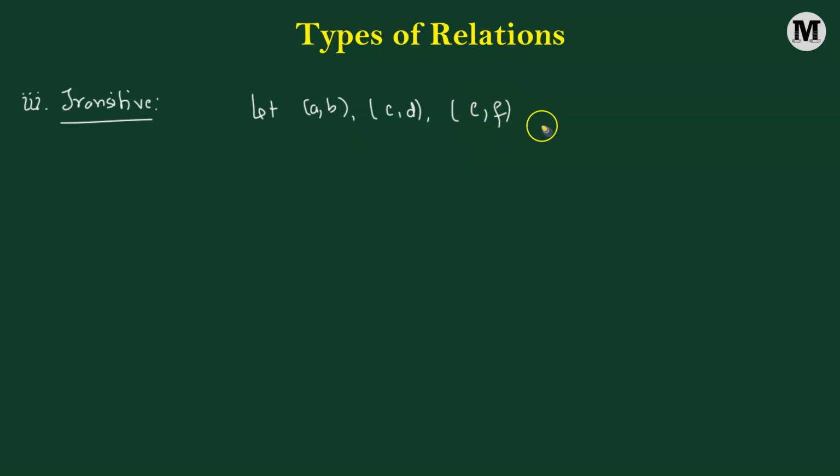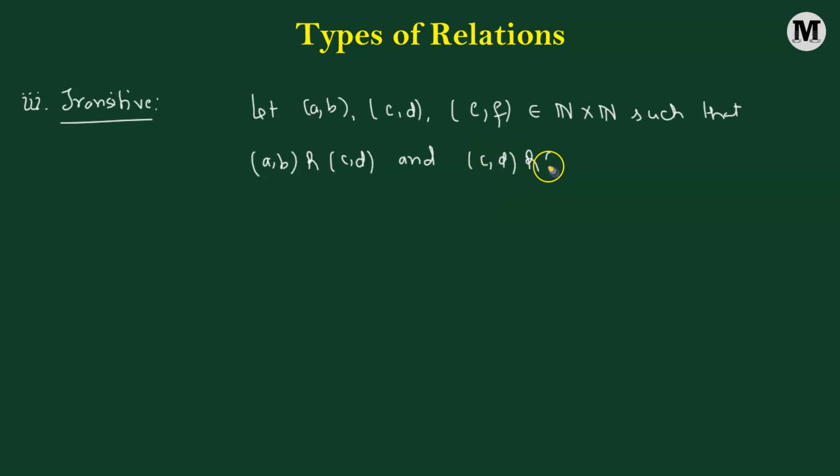And all of these three ordered pairs, let's say they belong to the Cartesian product of n with itself. Okay, such that we are considering that a comma b is related to the ordered pair c comma d, and the second ordered pair c comma d is related to the third ordered pair e comma f.